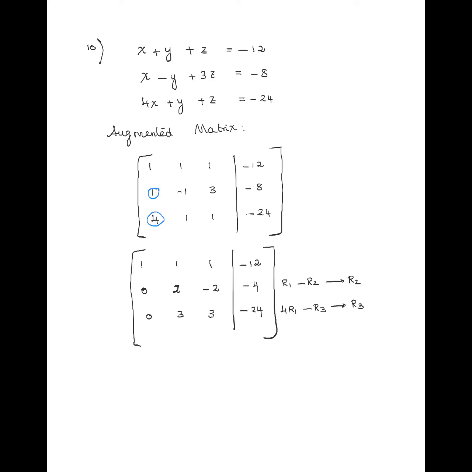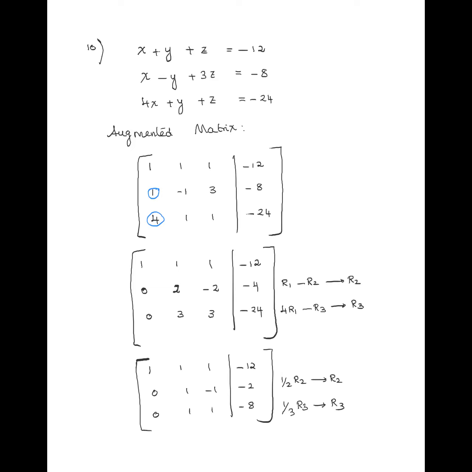So in order to make it easier, since second row, we can divide everything by 2. So it's going to be 1/2 R2 goes to R2. And same thing, 1/3 R3 goes to R3. So it's going to be 0, 1, 1, negative 8.